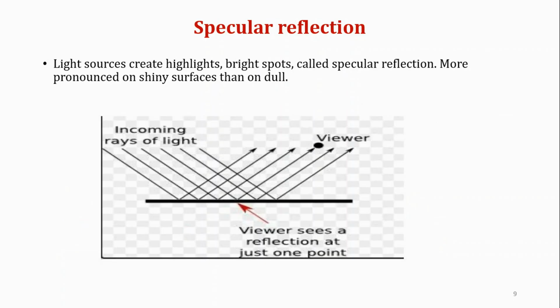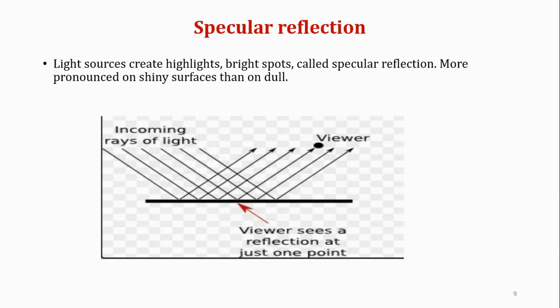Next is specular reflection. It produces bright highlights. Incoming rays of light are reflected at just one point, and it occurs when light is reflected in a preferred direction rather than scattered uniformly.